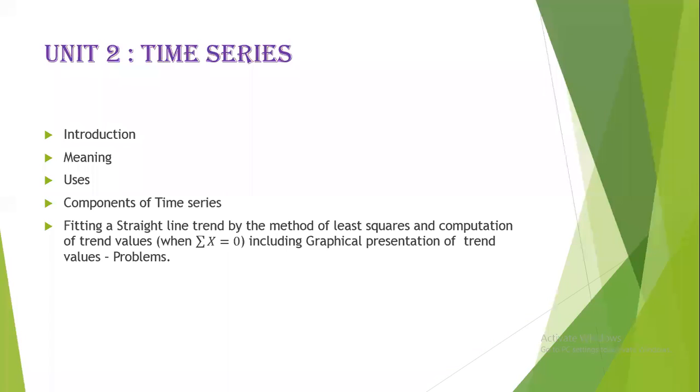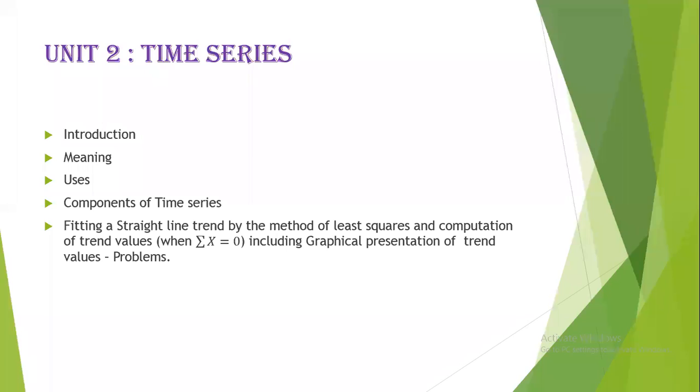So here, in time series, what happens in this unit is that the different data or statistical information given to us, we should put in a systematic format in chronological order.